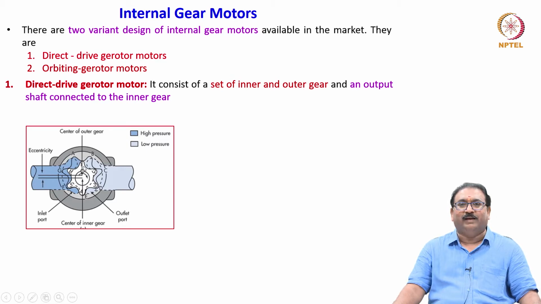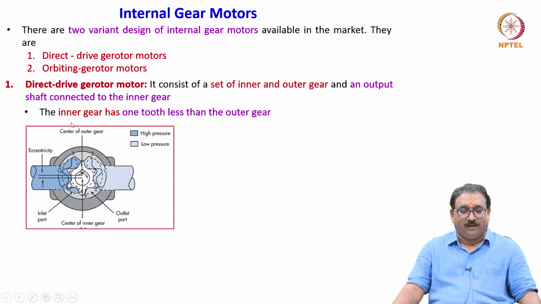But what you will see here, one tooth is less here and one tooth is more here, which makes them always contact at the down and up. What is this? I'll tell you now. Here, the inner gear has one tooth less than the outer gear.